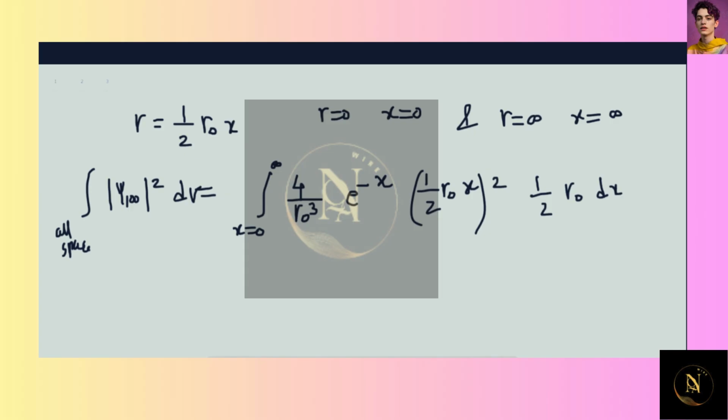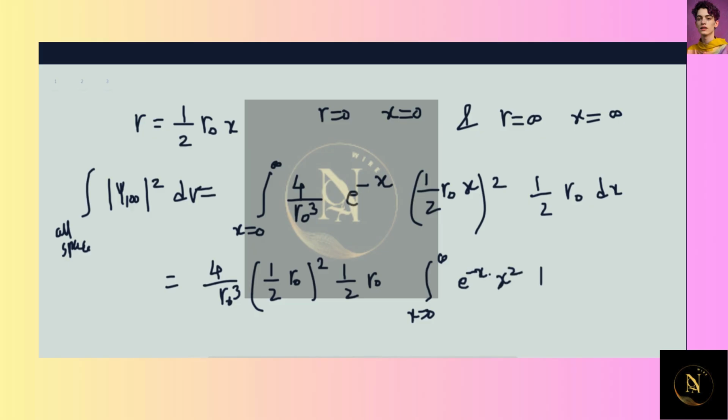Now we take all of the constants outside, so we have 4 over r naught cube, 1 over 2 r naught whole square, and 1 over 2 r naught. Inside we have x from 0 to infinity, e to the power minus x times x square dx.